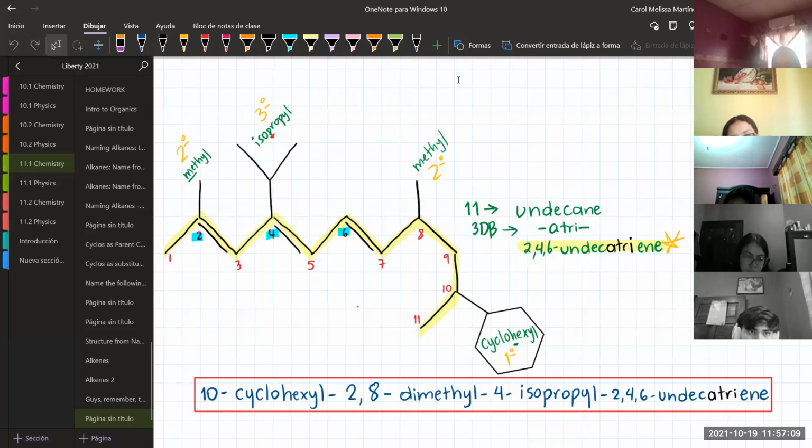Okay, let me tell you why. You can do it. You can use the two colors. But remember that we need to choose the path in which the parent chain has the lowest numbers. If I do the two paths, then the parent chain is going to be different.